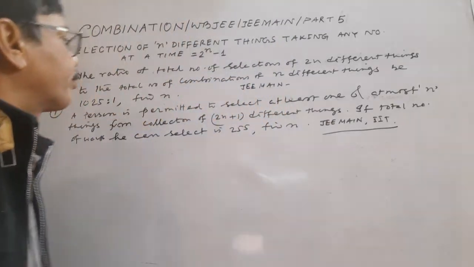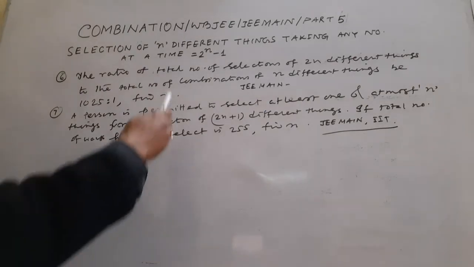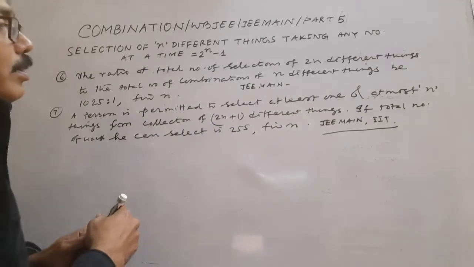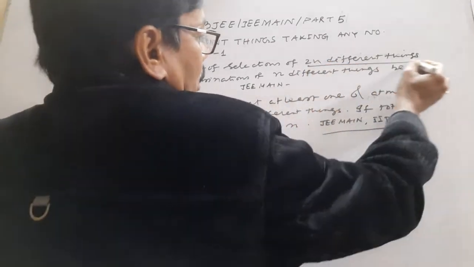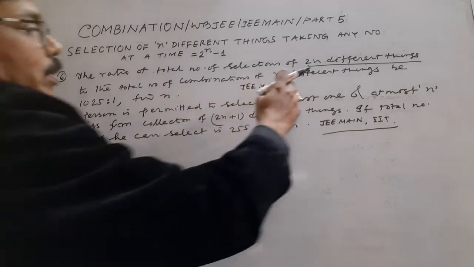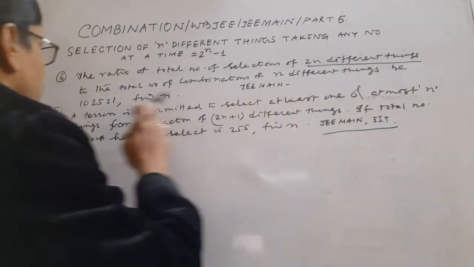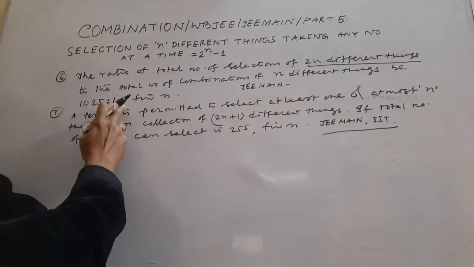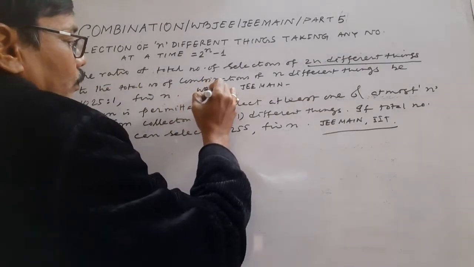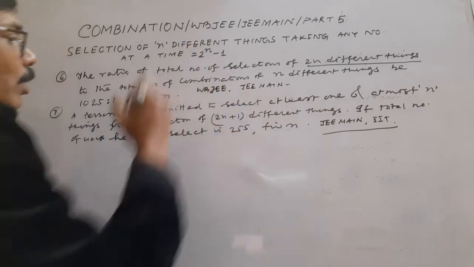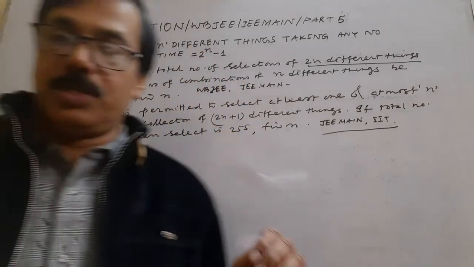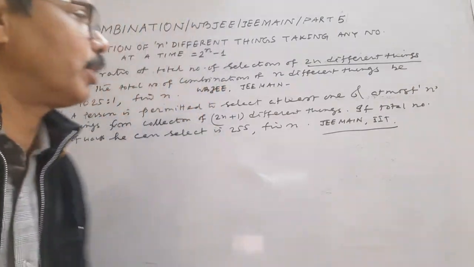So look, the ratio of the total number of selections of 2n different things to the total number of selections of n different things is 1025:1, find n. So look, we use the previous theory.